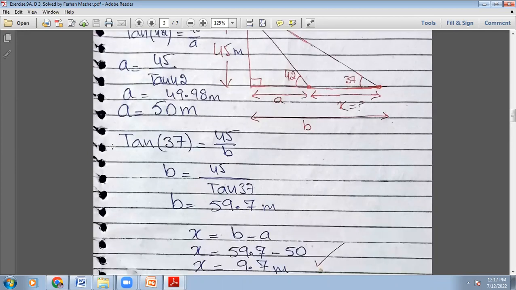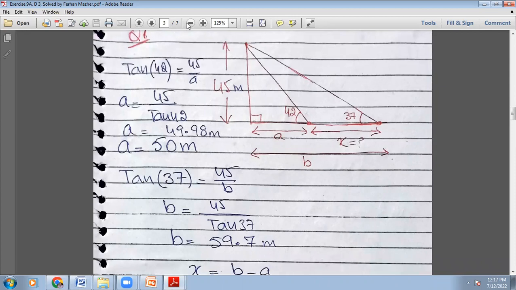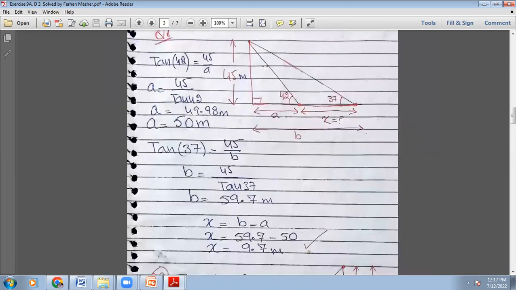Then I will apply tan on this big right angle triangle. So the height is 45, the angle is 37, and the base I will call B. So tan 37 is equal to 45 by B. So B will be equal to 45 divided by tan 37. So B will be 59.7.